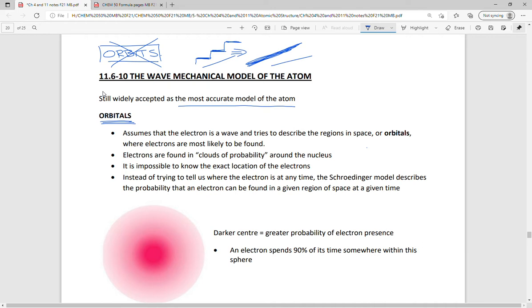Orbitals assume that the electron is a wave as opposed to a particle. And it describes the region in space where the electrons are most likely to be found. They're kind of like probability maps, if you will. That's where the electron is most of the time. It's actually impossible to know the exact location of electrons.